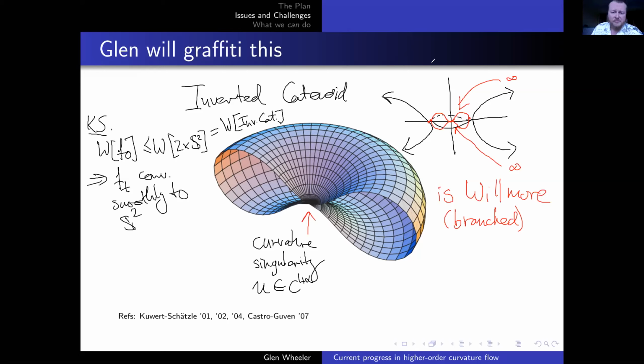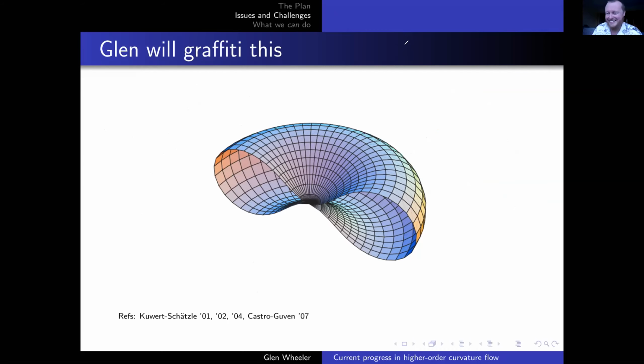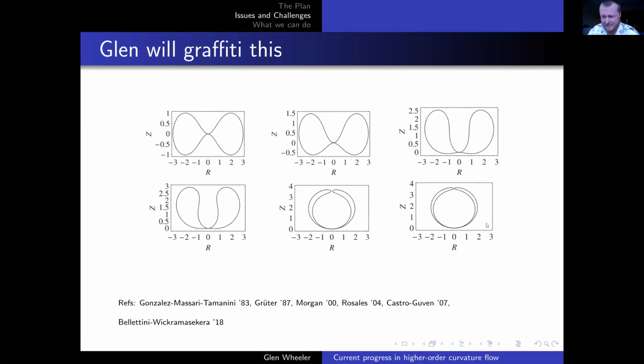All right. Now, the kicker, there's always a kicker. The kicker with this is that this is not the only catenoid. This is also from Kuwert and Schätzle's paper. This little box here is the profile of revolution for the inverted catenoid. And then if you take different conformal images, you get different profiles.